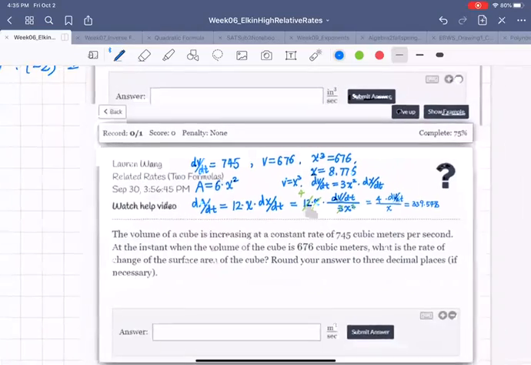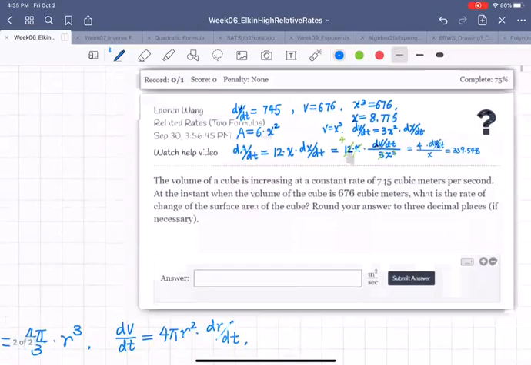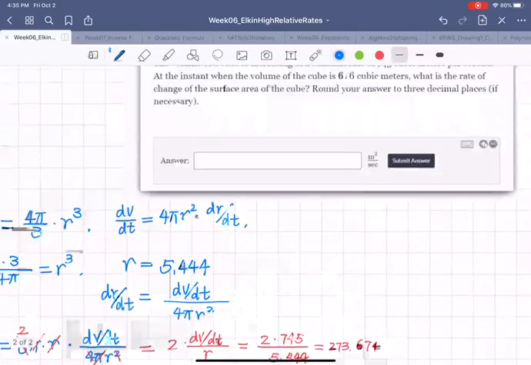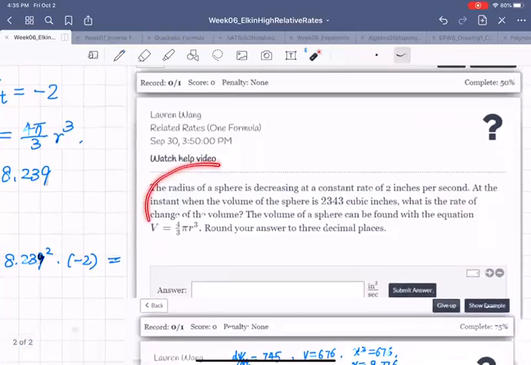Now, this question is not so hard. Let me pull up another question. I want you to do this one. Go ahead and do the work on this question. You have to be careful for this question.